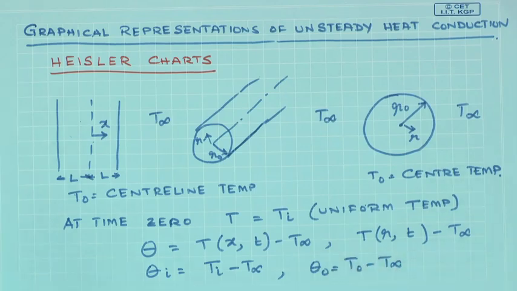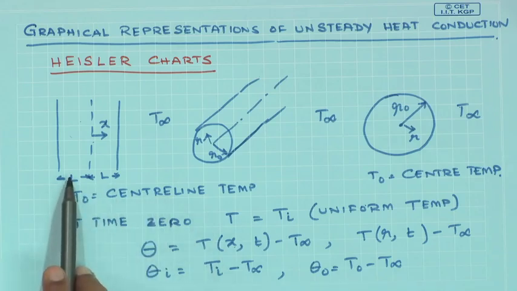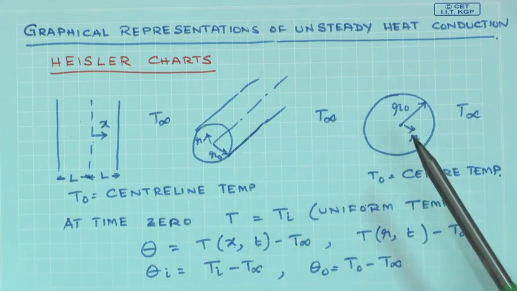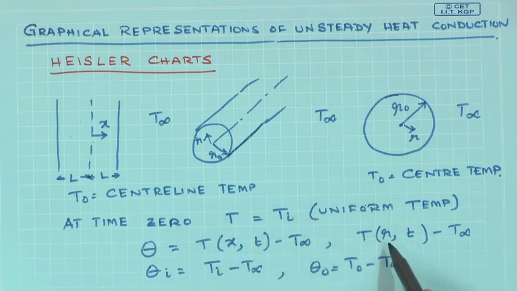So, one more time, here we see that the temperature is a function of location as well as time. So, theta, the difference temperature, denotes T as a function of x and t minus T infinity for the case of plane wall, whereas for the case of cylinders or spheres, this theta is simply T of r and t minus T infinity.